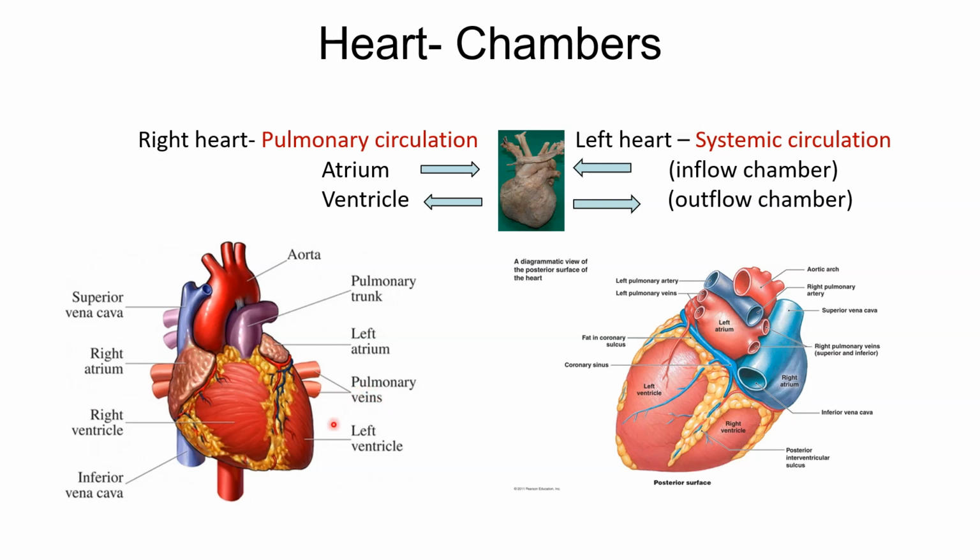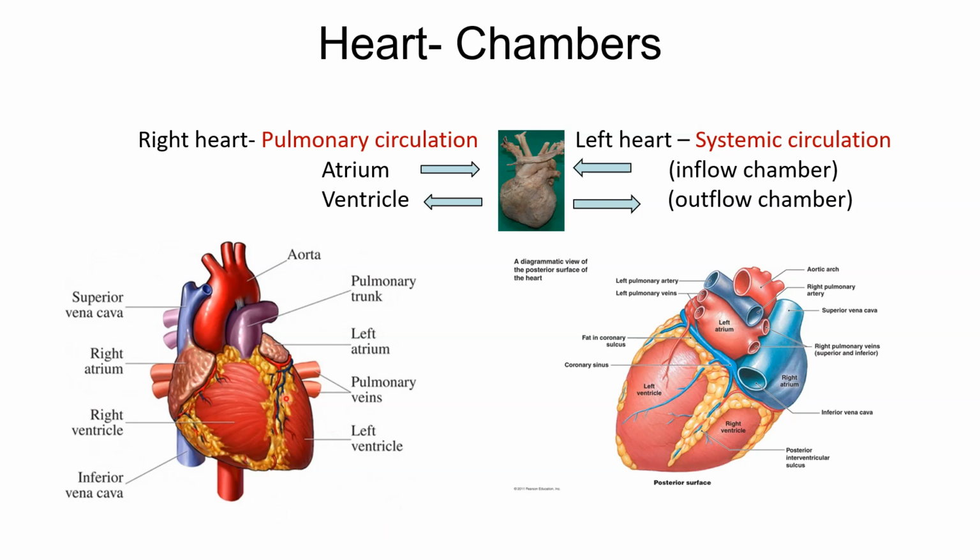They are called the left atrium and left ventricle. In each of these, there is an inflow chamber and an outflow chamber. So the atria are the inflow chambers and the ventricles are the outflow chambers.